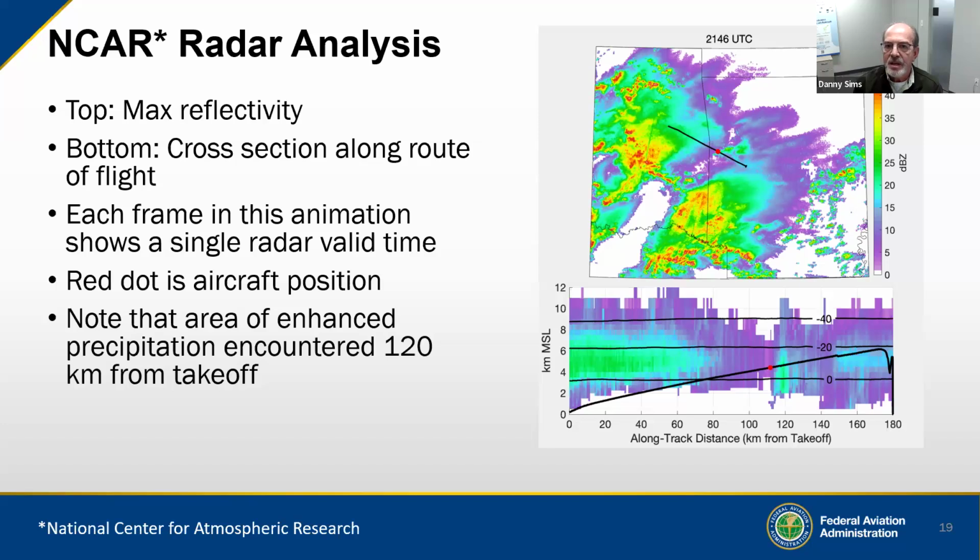This enhanced area is basically an updraft that is happening within this area of convective weather, of thunderstorms. Now, it's not very strong. It's about 25 dBZ at most, but it is an enhanced area and it is associated with an updraft.